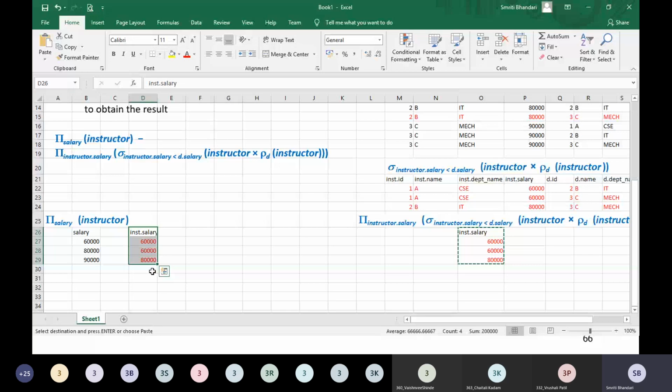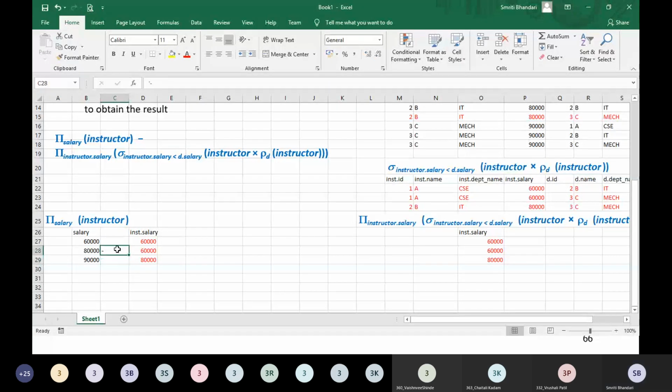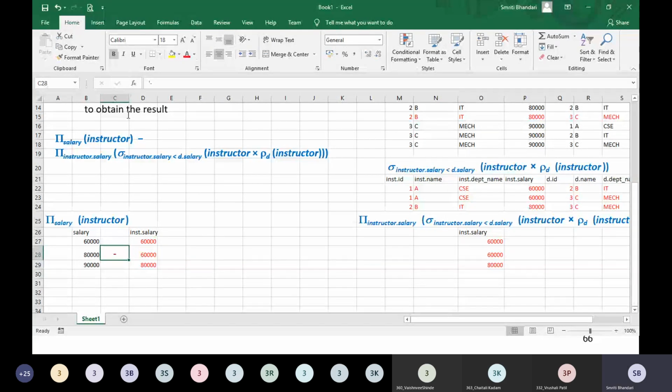That output is this, and we are now having the set difference. So this is our first relation, this is our second relation, and we want to have the set difference. So we have seen this set difference earlier. What would be the final output that I'll be getting?